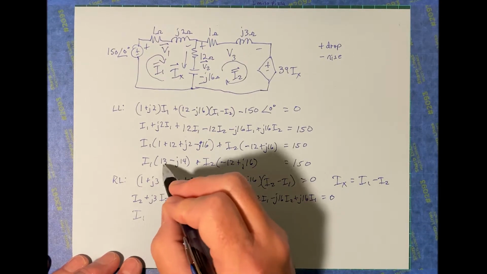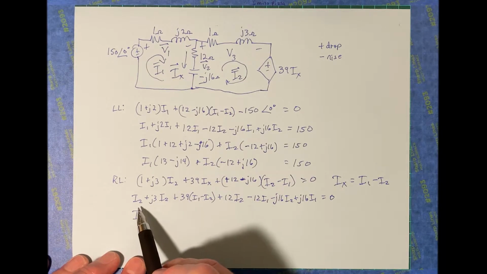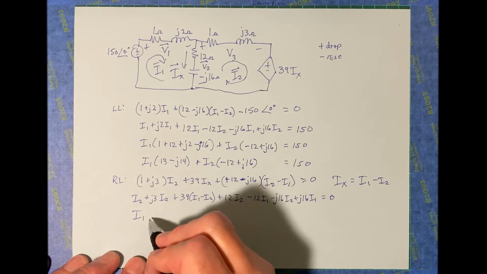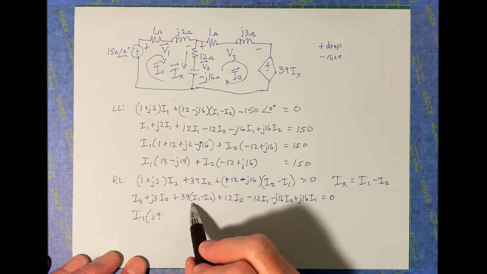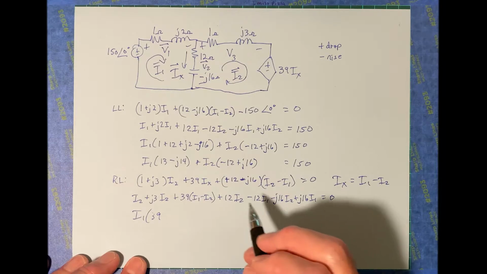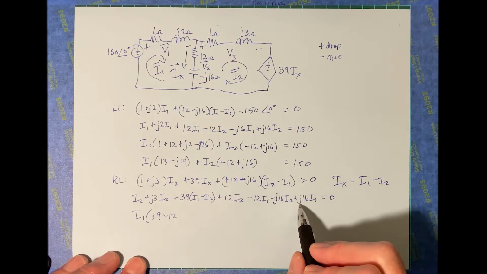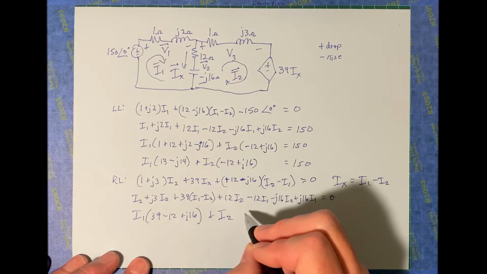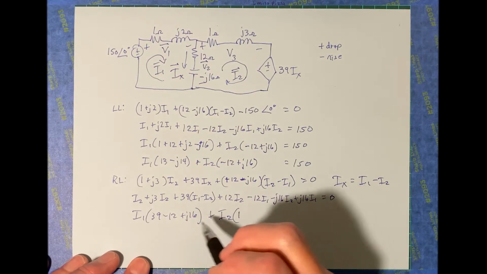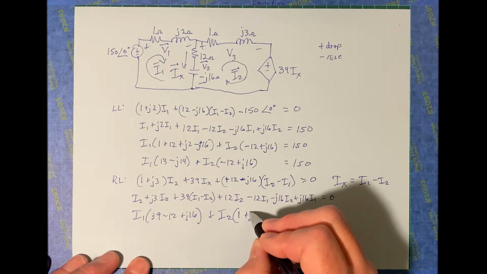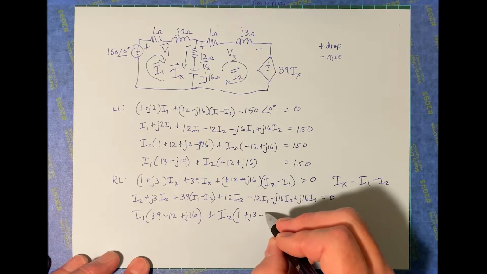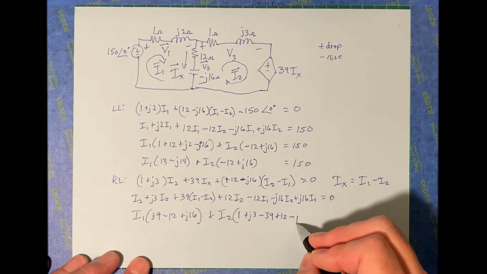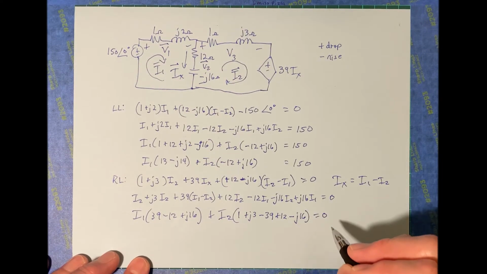Let's put the I1 up front the way we did here, and that's going to be 1, and I've got 39 of them there, so I'm going to have 39, that's the first one, minus 12 plus J16 plus I2, and I'm going to have that one, and I'm going to have plus J3 minus 39 plus 12 minus J16, and that's equal to 0.